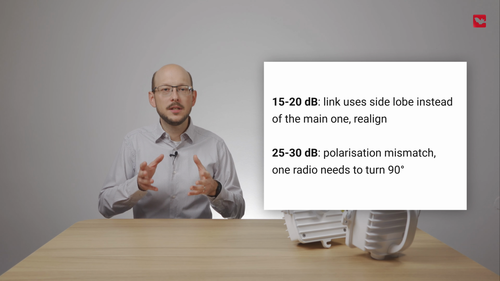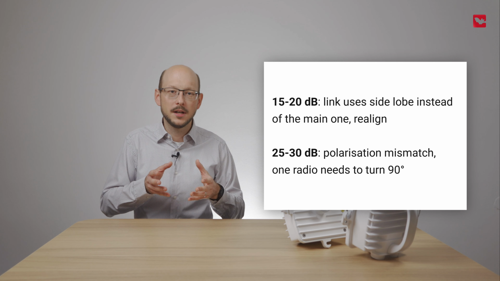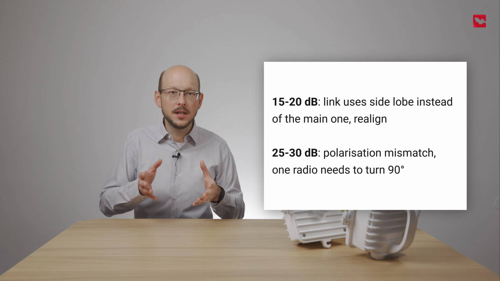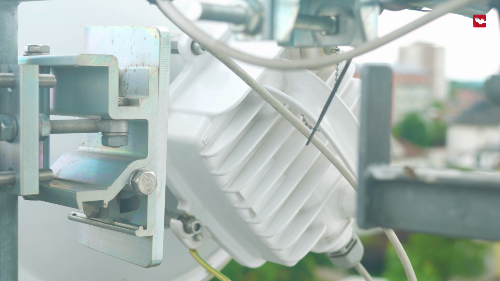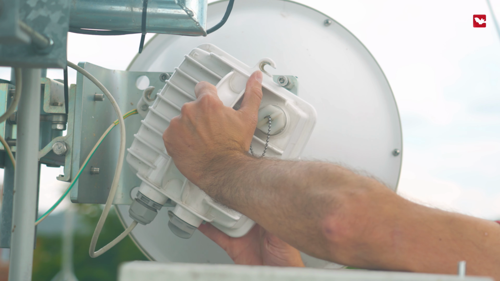15 to 20 dB difference indicates link uses side lobe instead of the main one, and you should try to align again. 25 to 30 dB points to polarization mismatch, and one radio needs to turn 90 degrees.